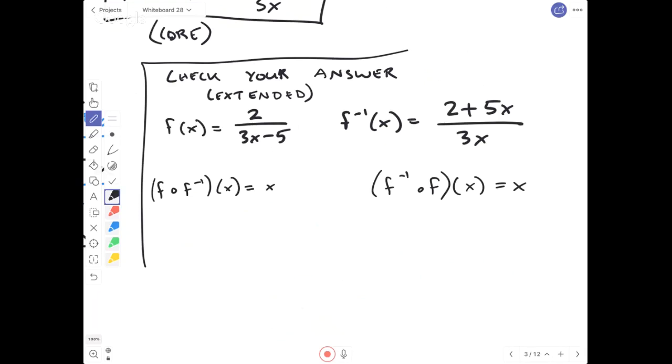So f of f inverse is 2 over 3 times 2 plus 5x over 3x, minus 5.